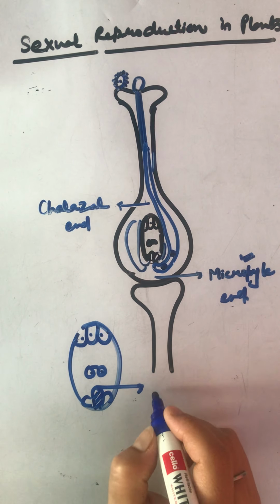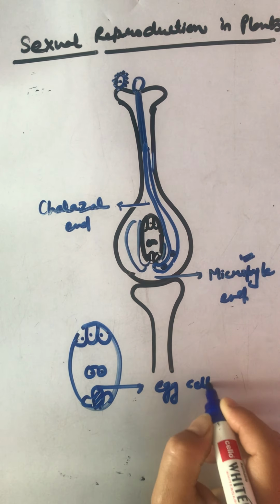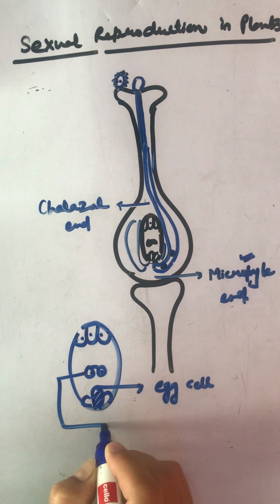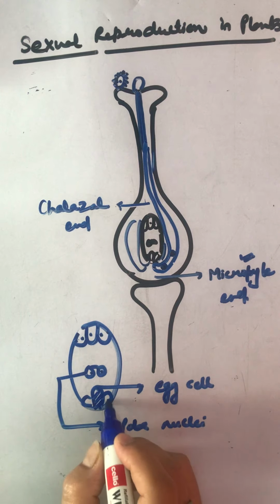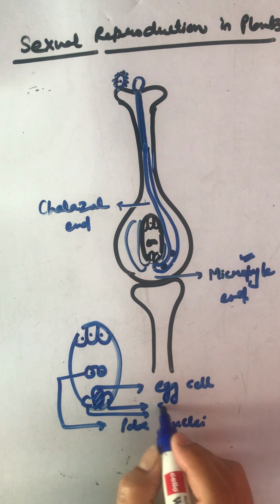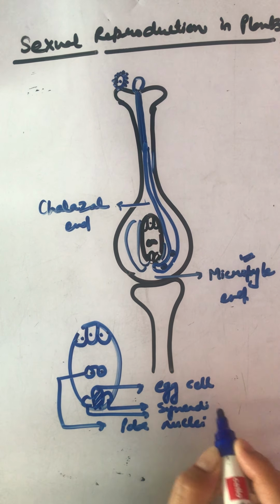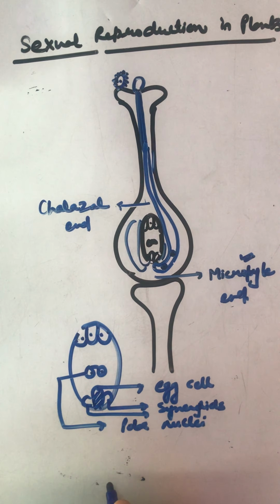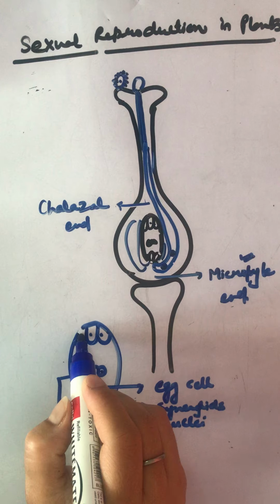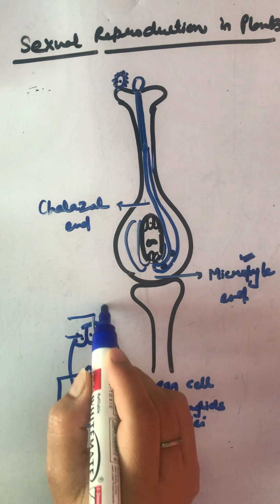This is the haploid egg cell. These are the two polar nuclei. These are the two synergids, which always guide the pollen tube to gain entry into it. These are the three antipodal cells.